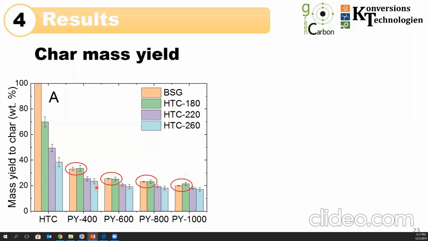So when talking about the coupling of both processes, the most beneficial HTC condition is low temperature treatment. So in this case, around 180 Celsius degrees.